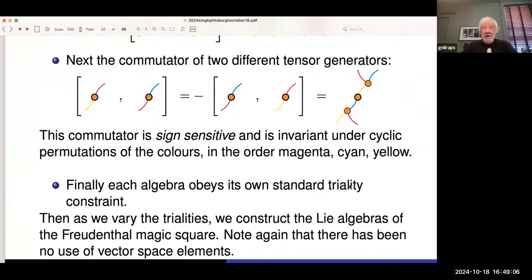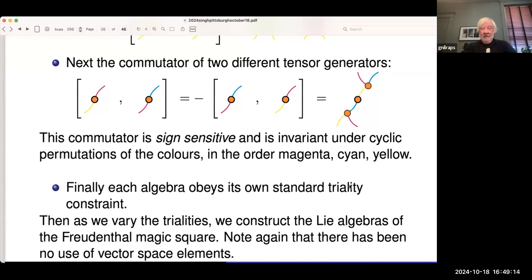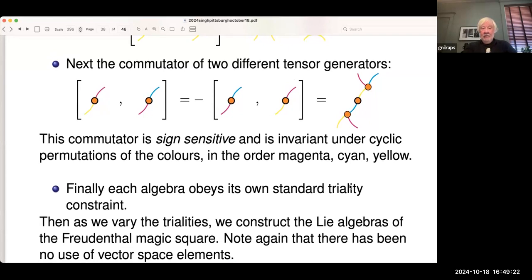Okay, well, I've basically covered what I consider the stuff that was of most interest to our host and at least some of the other people in the audience. The end result is that as you vary the trialities, you not only get E8, which was that maximum one of dimension 248, but you get all the various Lie algebras of what's called the Freudenthal magic square.